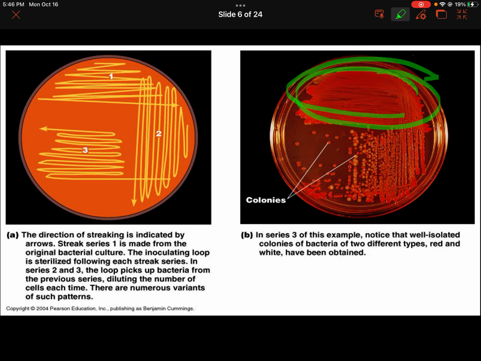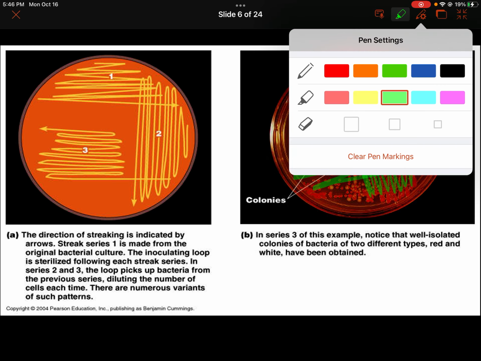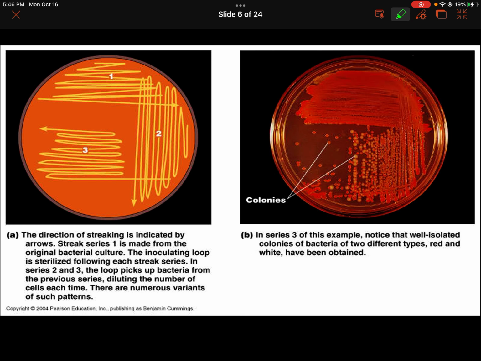That's why, when you touch only this portion and continue streaking, and then you flip the loop and streak, at the last area you can already see isolated colonies. So that is the multiple interrupted streak.